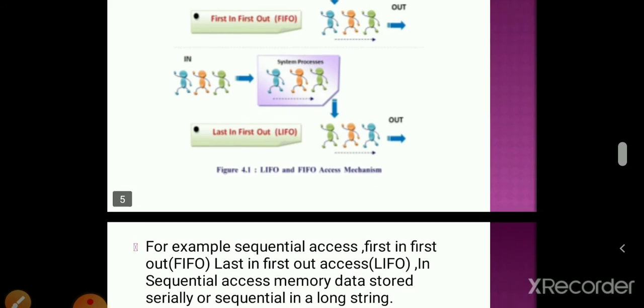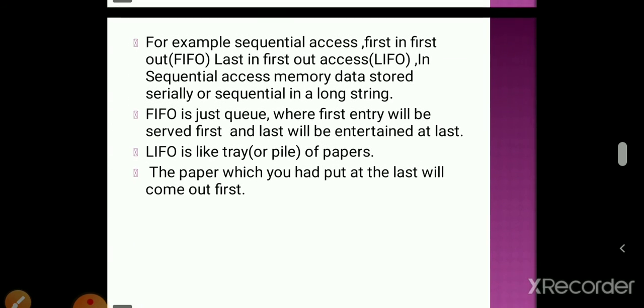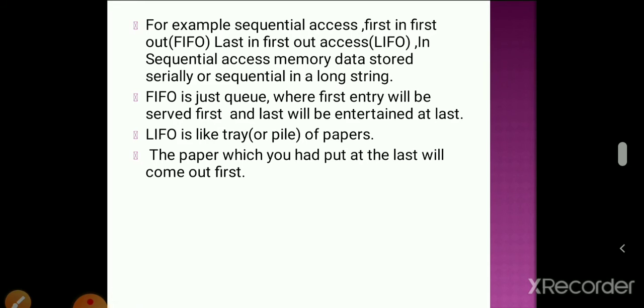For example, sequential access FIFO and LIFO is a sequential access memory: data stored serially or sequentially in a long string. It means in the LIFO method and FIFO method, all the data is stored sequentially in a long string.